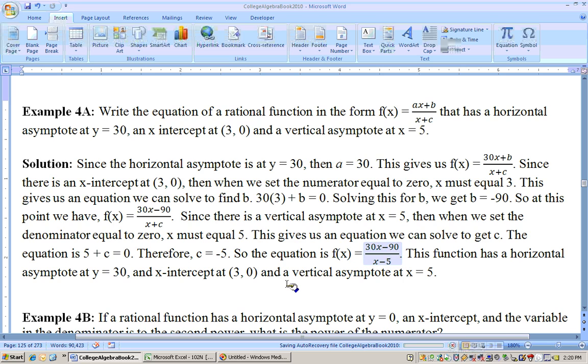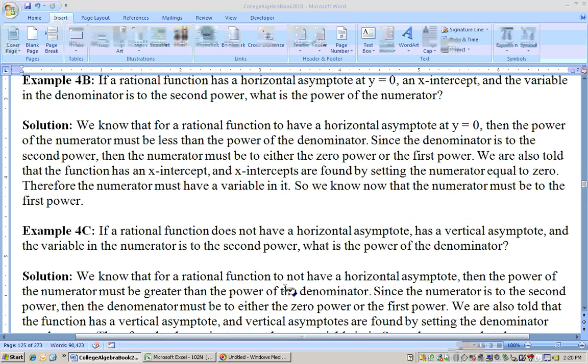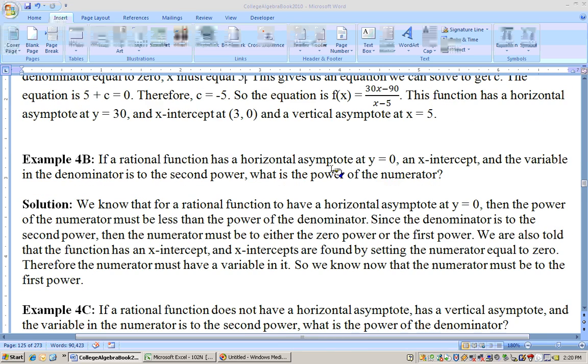Now in this problem, part B, it says that if a rational function has a horizontal asymptote of y equals 0, an x-intercept, and the variable in the denominator is to the second power, what is the power of the numerator? Well, if the denominator is to the second power, and there's a horizontal asymptote of y equals 0, then the power of the numerator must also be to the second.